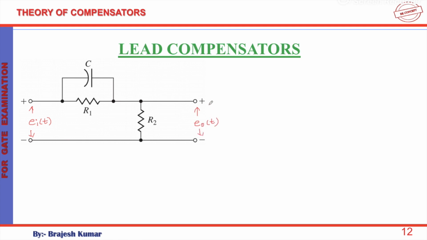And if you convert this whole circuit into the Laplace domain, this will become Eo(s). You know that we take the capital letter for the frequency domain, and this will become Ei(s). R1 will remain as such, R2 will remain as such, and C in the frequency domain will become 1 upon sC.